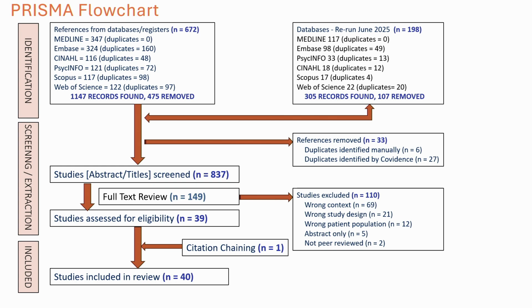We found one other, and we had 40 included studies. 2 reviewers were assigned all of those steps in the PRISMA flowchart, and any disagreements are resolved by discussion and consensus.